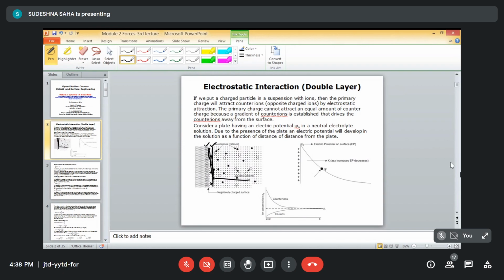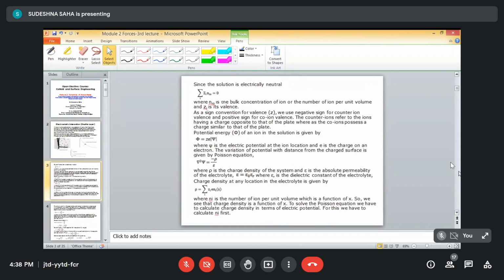So we can say that since a solution is electrically neutral, we can write summation over i of Zi Ni naught equals 0, where Ni naught is the bulk concentration of the ion, or the number of ions per unit volume, and Zi is the valency of these ions.